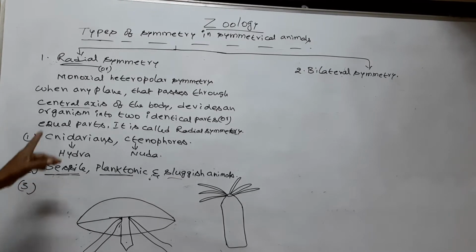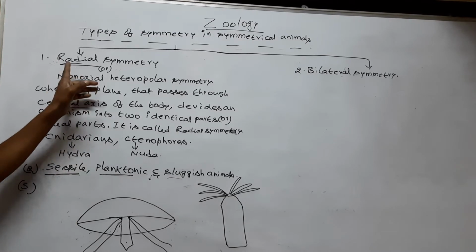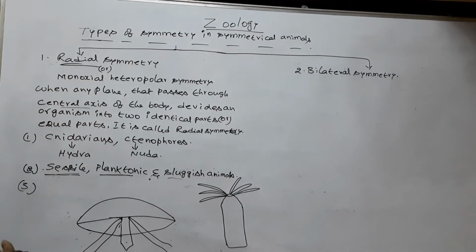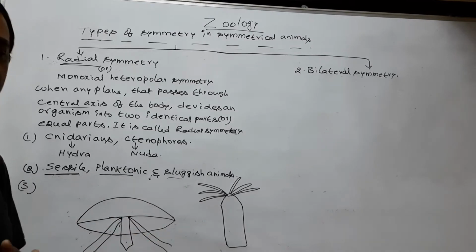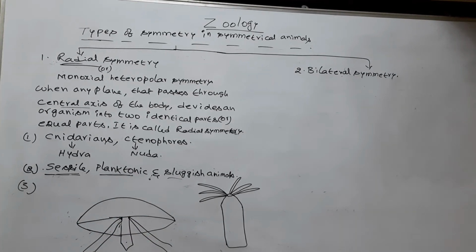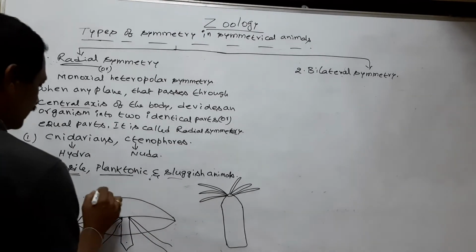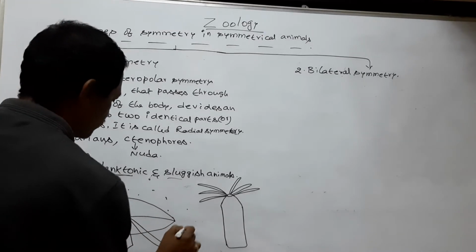So the animals which exhibit radial symmetry are mostly aquatic animals. They live in water. Here, Aurelia and Hydra are also aquatic cnidarians.